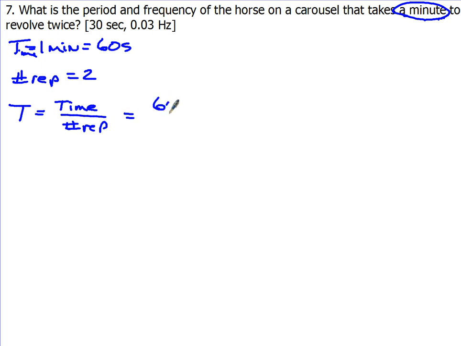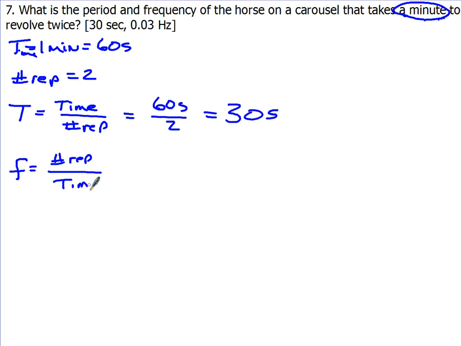The time is 60 seconds. The number of reps is 2. So the time for 1 revolution is 30 seconds. The frequency is the number of reps divided by the total time. So let's see, that's 2 divided by 60, or 0.03 Hertz.